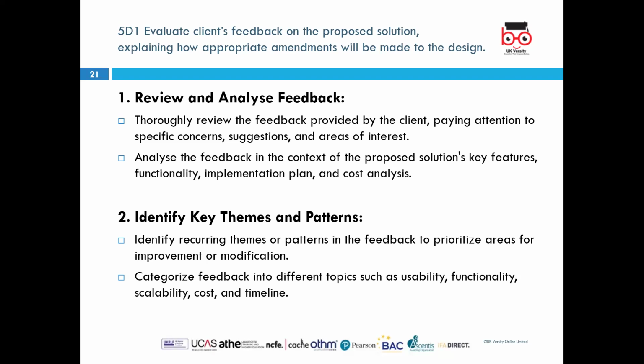We have to now analyze the feedback and the content of the proposed solution's key features. So we have to have the ability to identify key themes and patterns, where we can identify recurring themes and patterns in the feedback to prioritize areas of improvement or modifications.